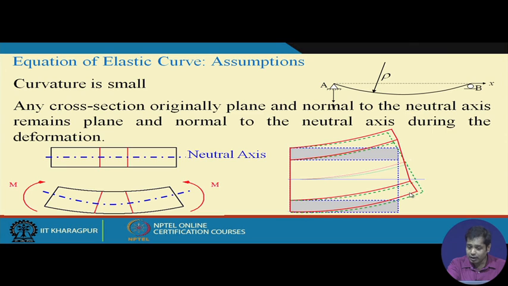But our assumption is the green dotted line: if it is plane, it remains plane. So there are two important things here. One is that a section which is plane remains plane. The second is that if the section is normal to the neutral axis in undeformed configuration, it remains normal to the neutral axis even in deformed configuration.